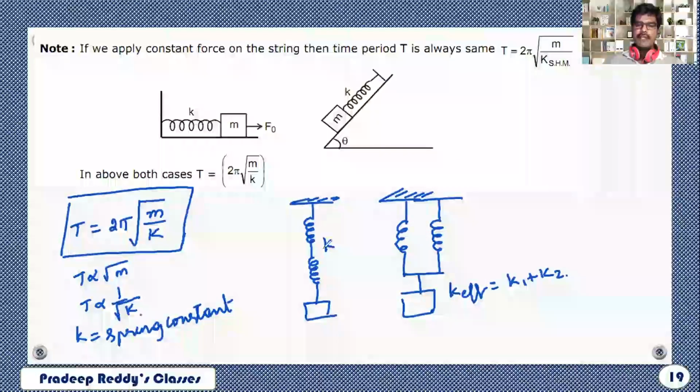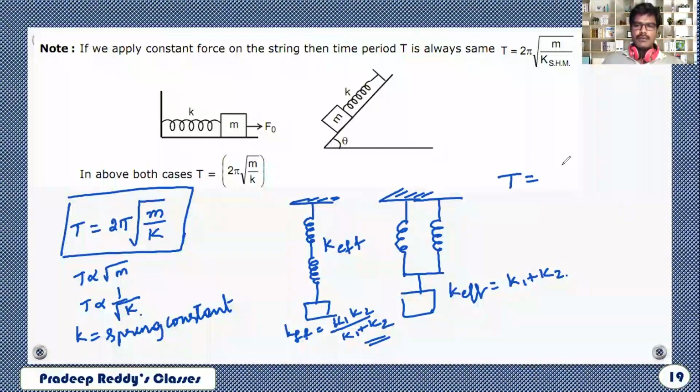Likewise, if two springs are connected in series, then K effective will be equal to K1 K2 divided by K1 plus K2. So based on how many springs are connected in series or parallel, you can write down the equation for time period.